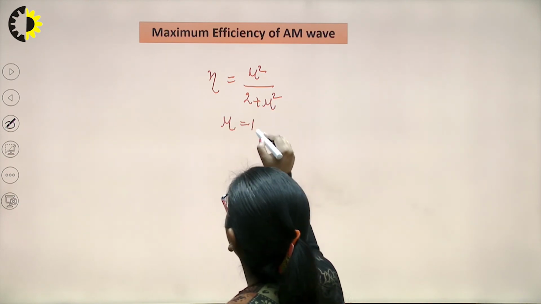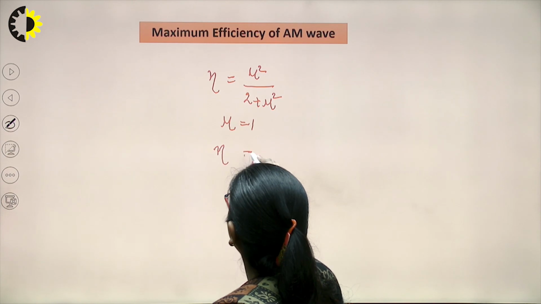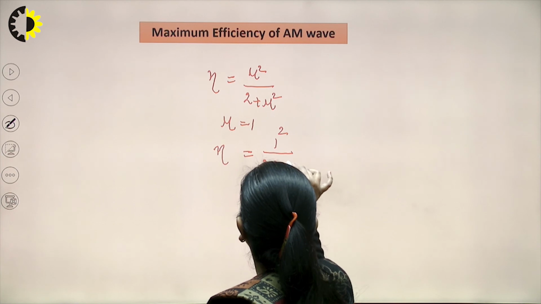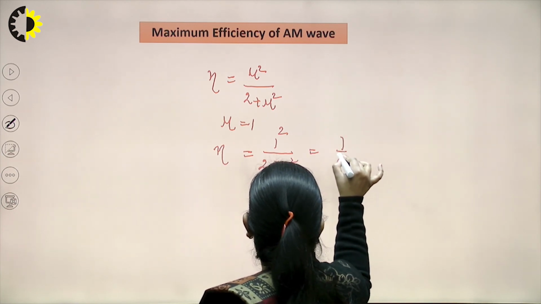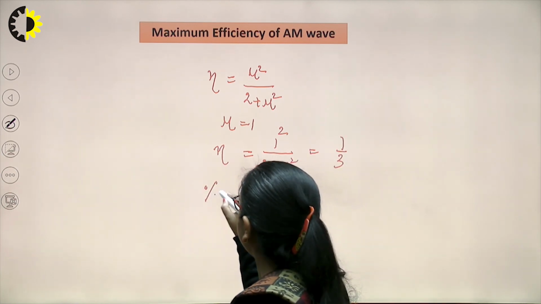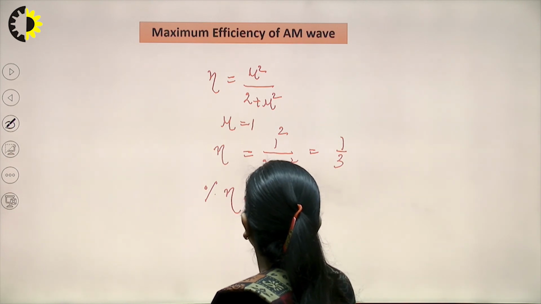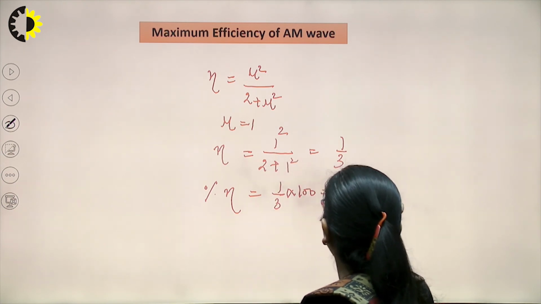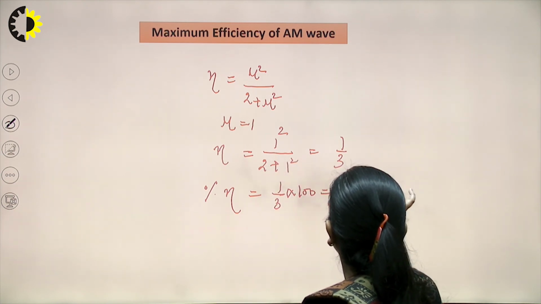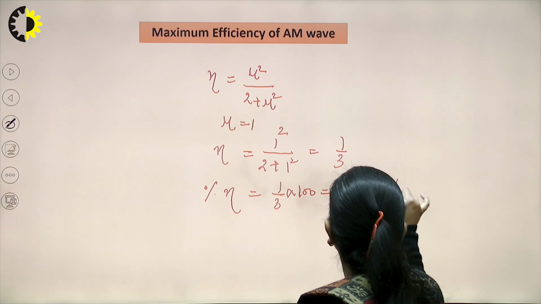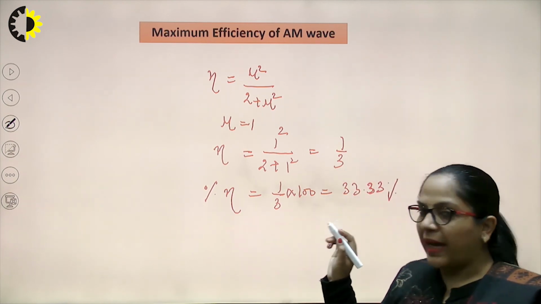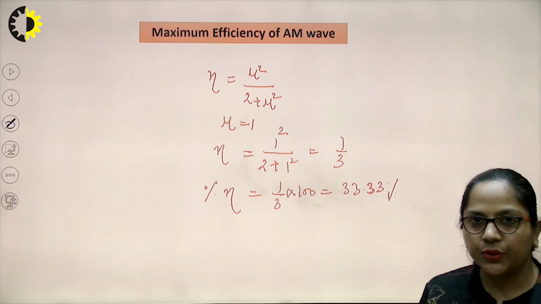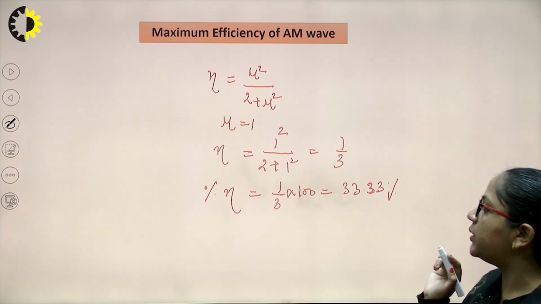So by putting this value in the above expression, the percentage efficiency becomes around 33.33%. This is the maximum efficiency we can have in double sideband full carrier amplitude modulation, that is 33.33%.